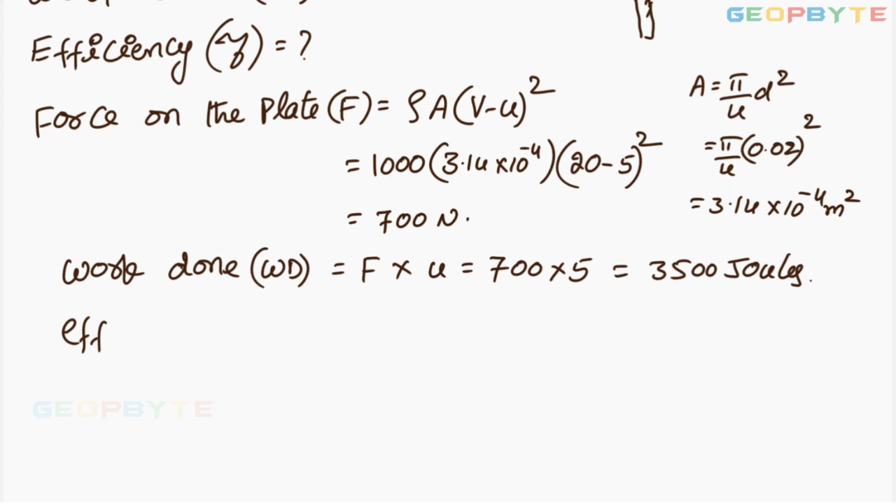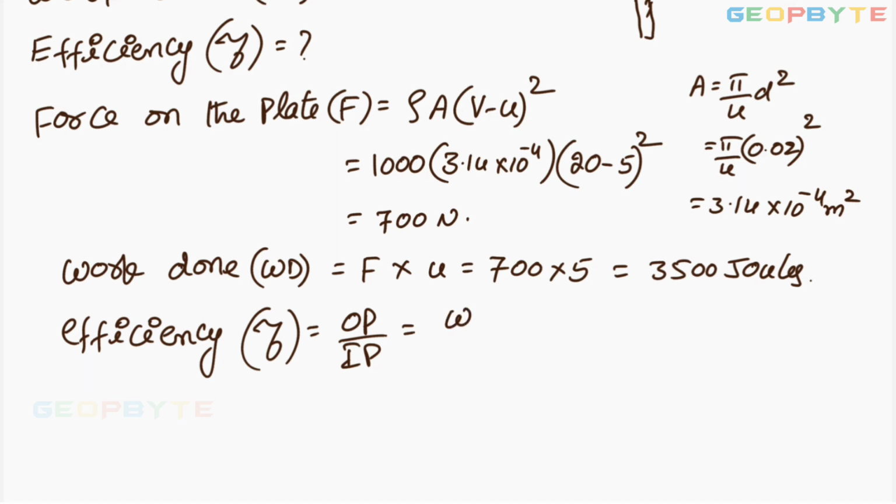Efficiency eta equal to output by input. Output is work done divided by kinetic energy. Work done equal to 3500 divided by half into rho A V into V square.